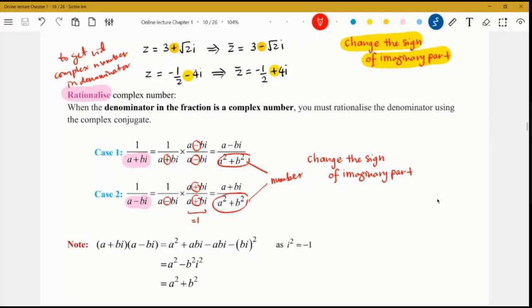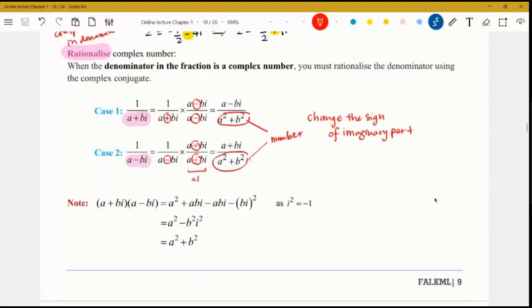Kenapa I dia hilang? Okay, I dia hilang pada expansion pada bahagian ni. Kalau kita expand satu-satu, kita akan dapat A square minus ABI plus ABI. Okay. Dekat bahagian yang terakhir ini adalah kita jumpa negatif sebab positif, negatif dapat negatif.